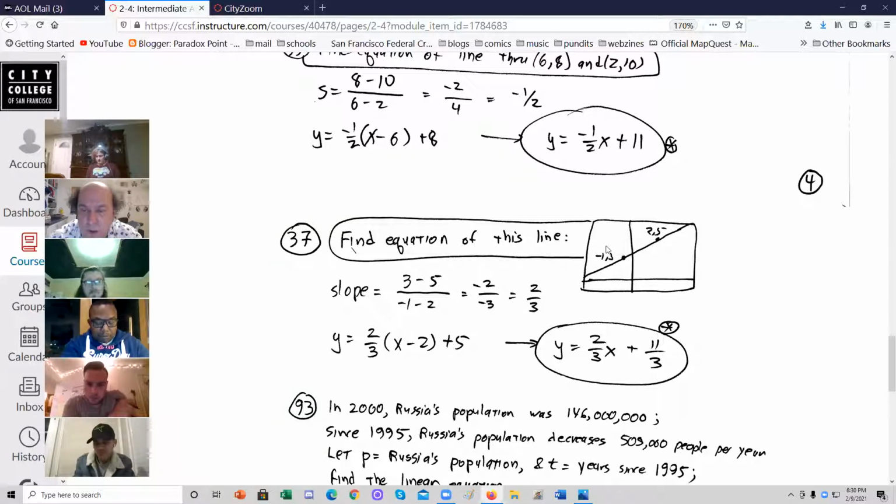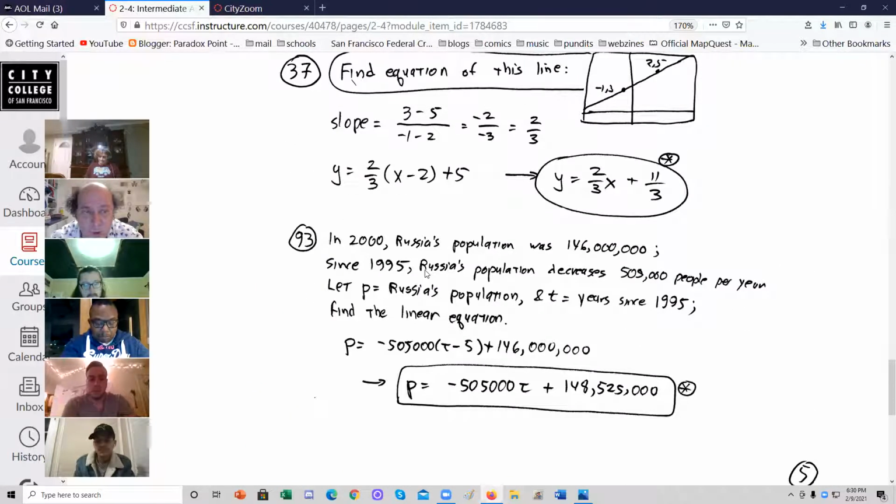Again, you could use the other and get the same result. All right, here we go. y equals slope 2/3 times x minus h, 2, all that plus k, 5. 2/3 of x minus 2, plus 5. Distribute the 2/3, combine that with that, and we get y equals 2/3 x plus 11/3. There it is.